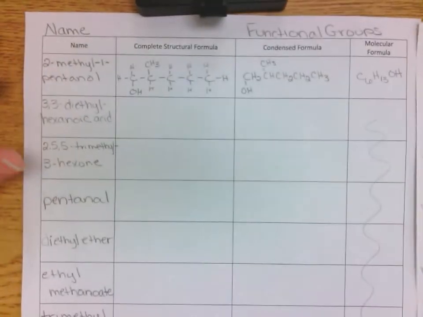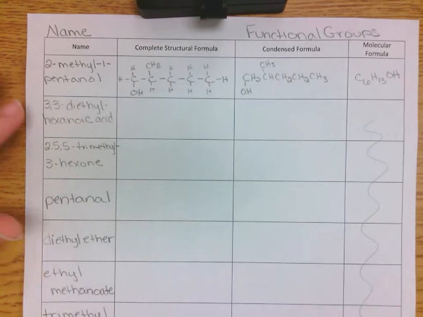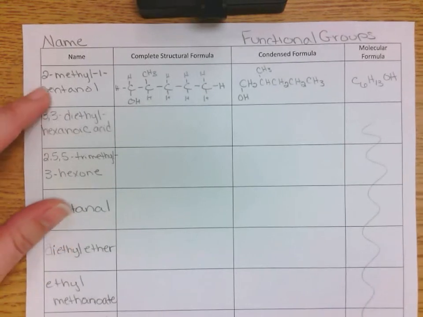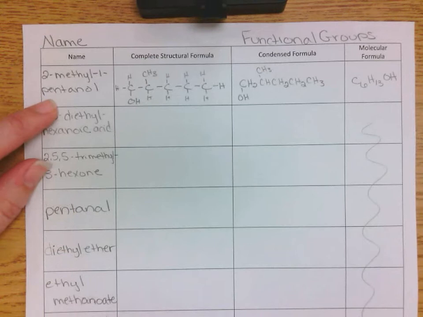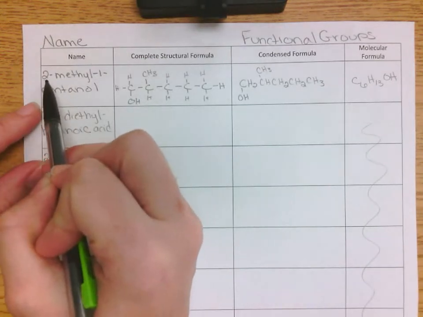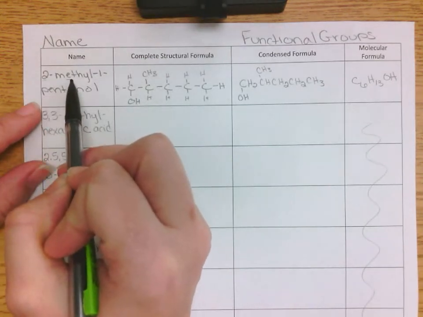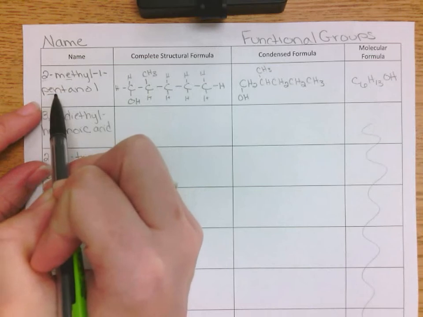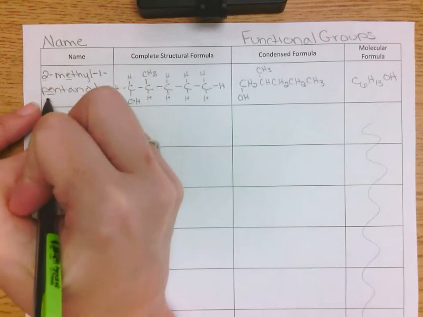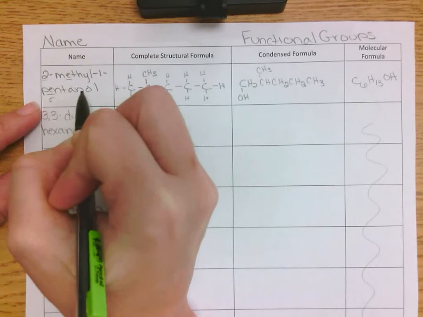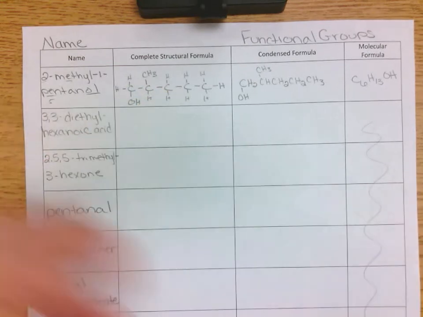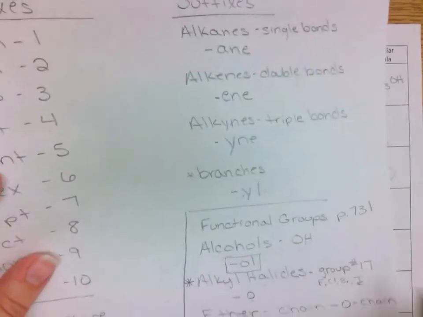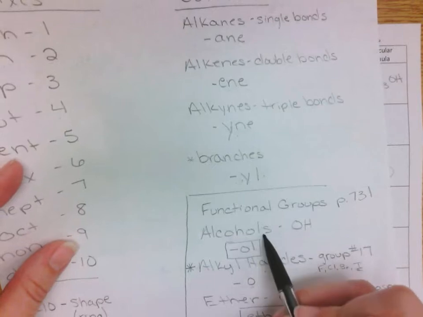Alright, so let's look at this. I'm going to try to do one of each. The first one, 2-methylpentanol. So on the second carbon, we have a methyl group. We have a chain of 5. It has single bonds, and here it tells me OL. If it ends in OL, it's an alcohol.